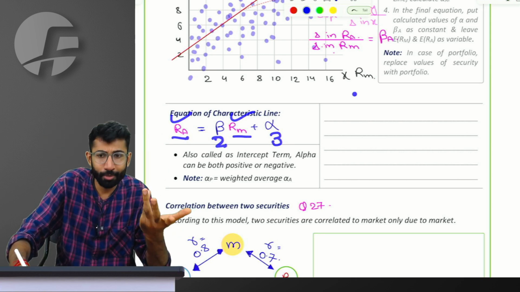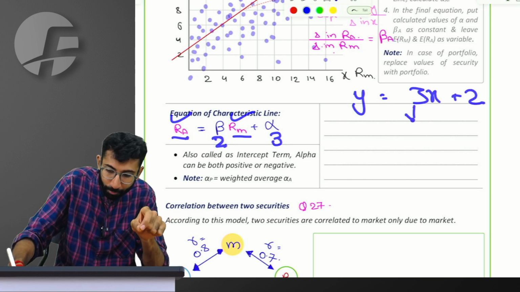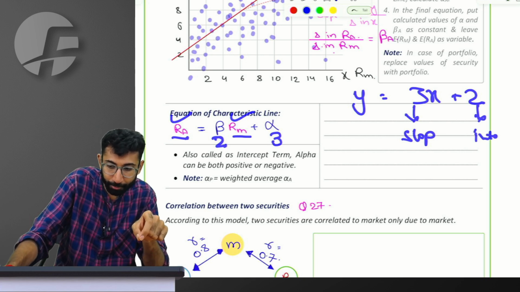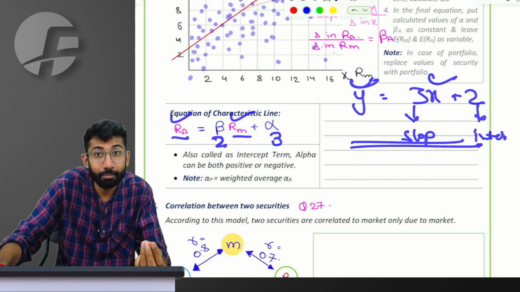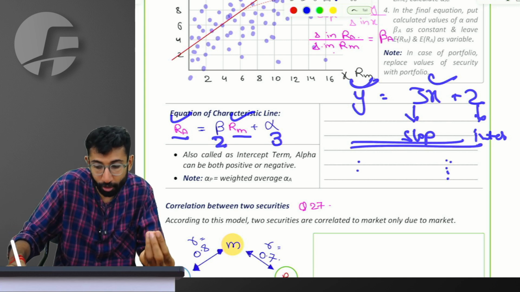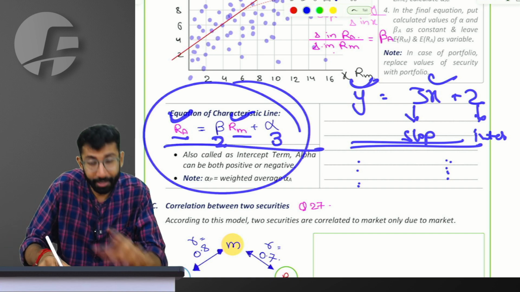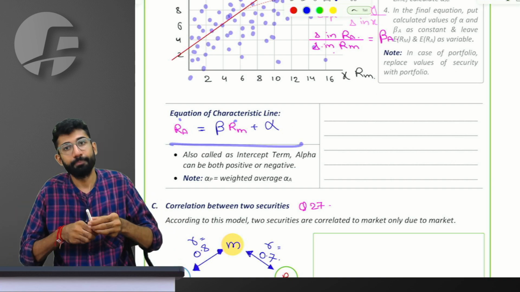Because if you can recollect, y is equal to 3x plus 2? We put a number in place of the slope and the intercept term, but we don't put a number in place of x and y because they are variables. As we put the number of x, you will automatically get the number of y. Hence, in this equation RM and RA remain variables.